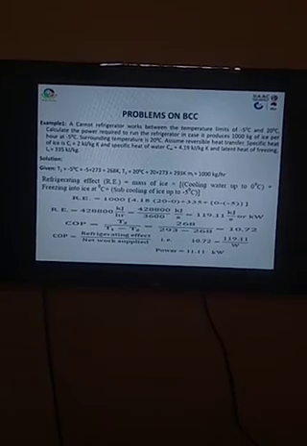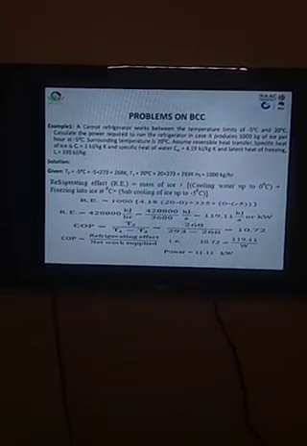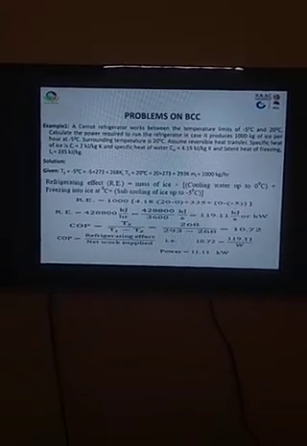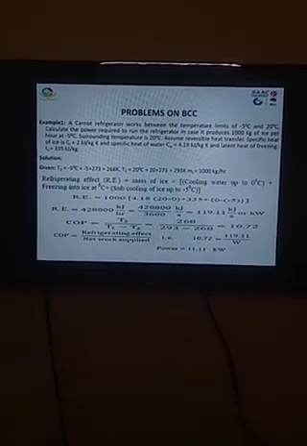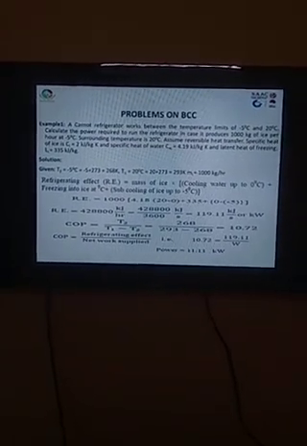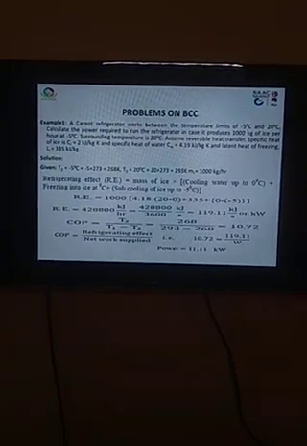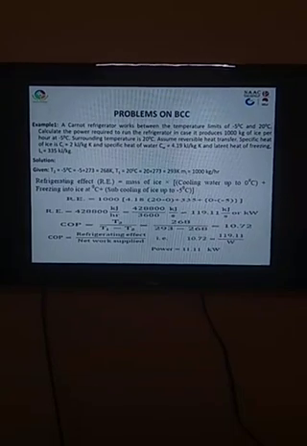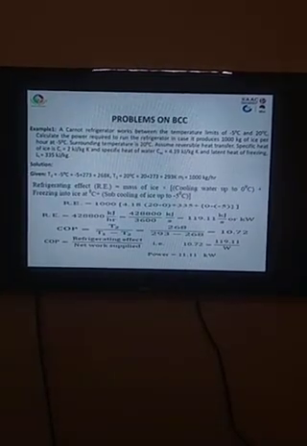When all this is multiplied and added, we get the refrigerating effect value as 428,800 kilojoule per hour, and we have to calculate it in terms of seconds. So we divide this by 3600. The final value of refrigerating effect will be 119.11 kilojoule per second. The same thing can be written as kilowatt.